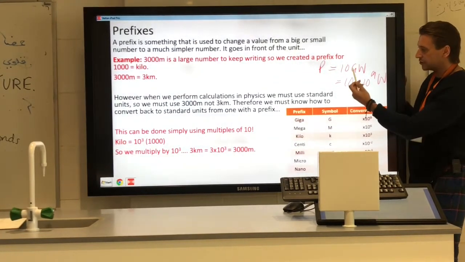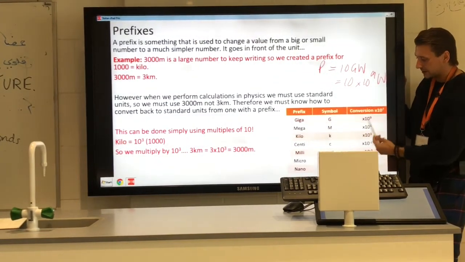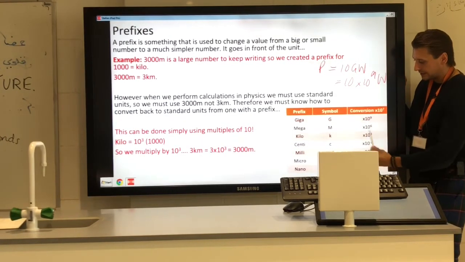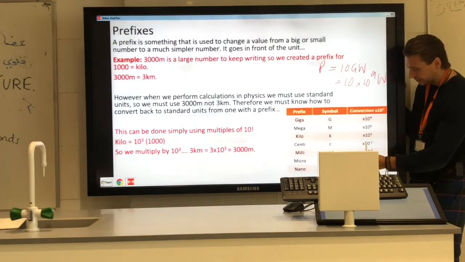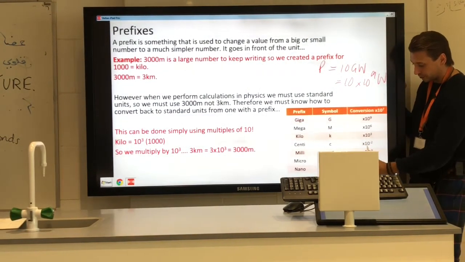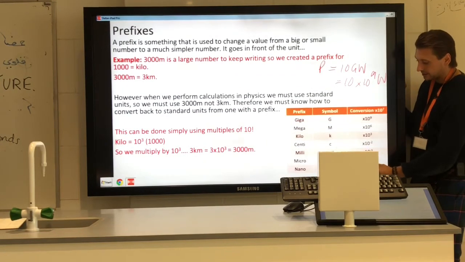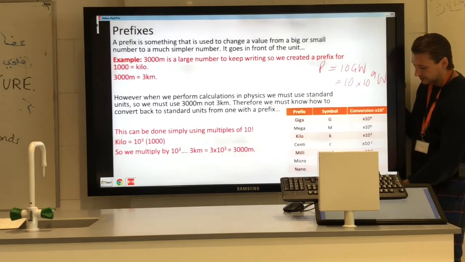So giga is G, times 10 to the 9, mega times 10 to the 6, kilo is times 10 to the 3, centi, now we're in the small numbers, so we're actually making smaller numbers different. So centi is 10 to the minus 2, milli is times 10 to the minus 3, micro is minus 6, and nano is times 10 to the minus 9.